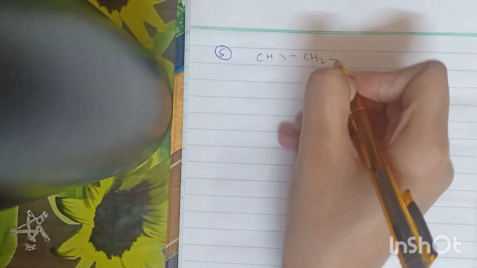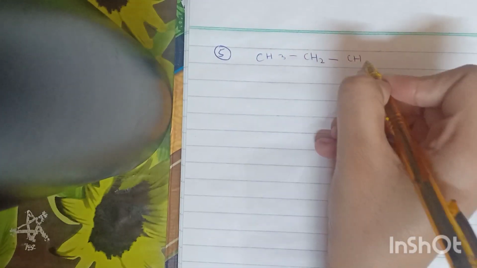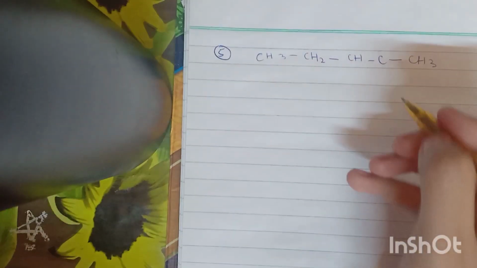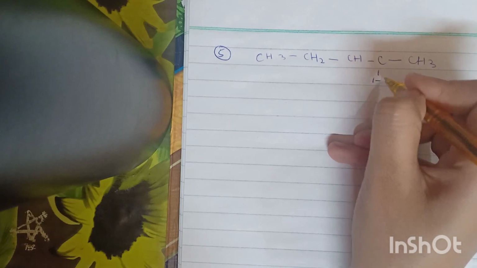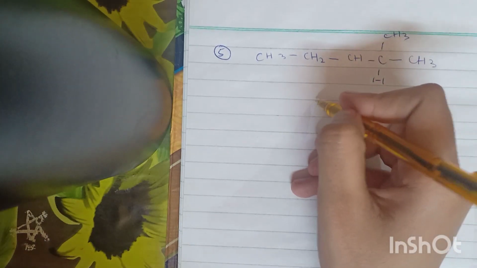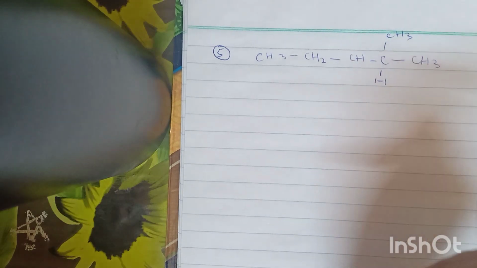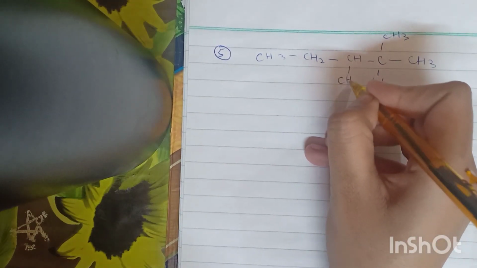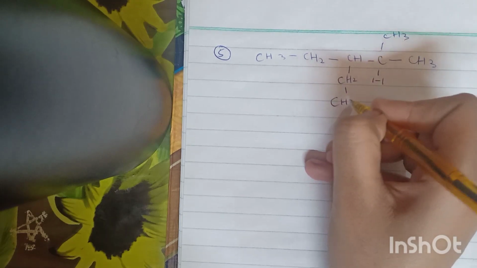For example, CH3, CH2, CH, C and CH3, with the radicals, and then CH2 and CH3.